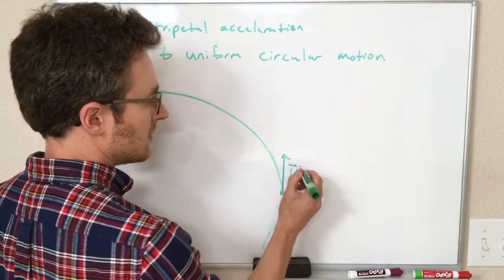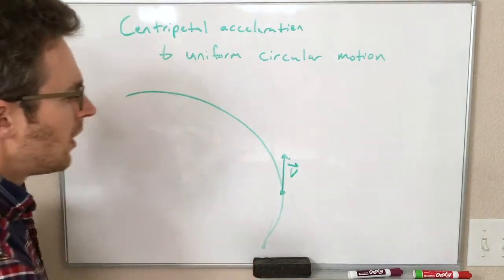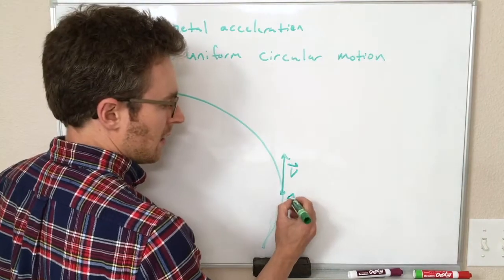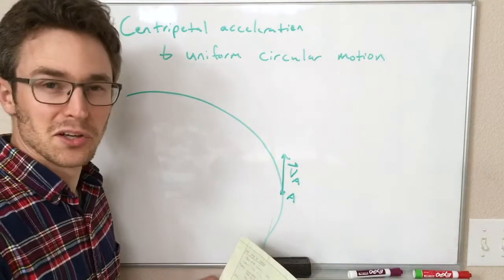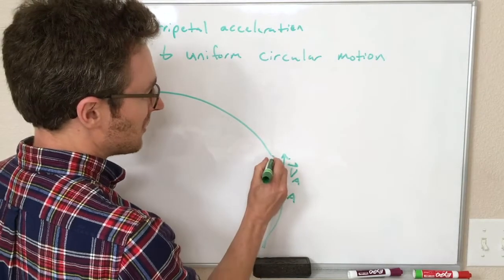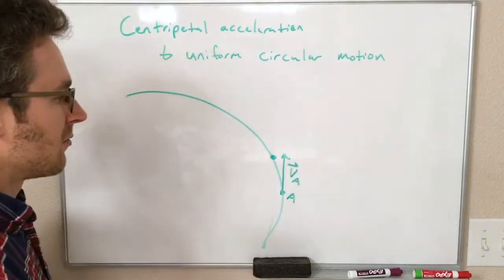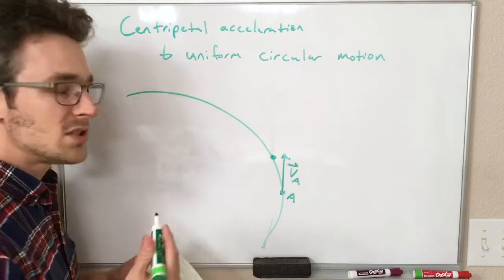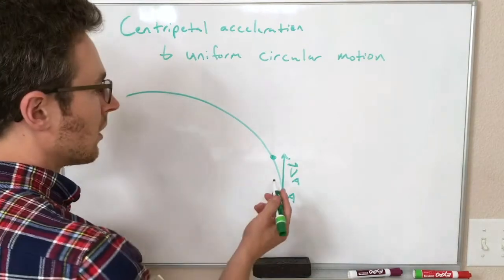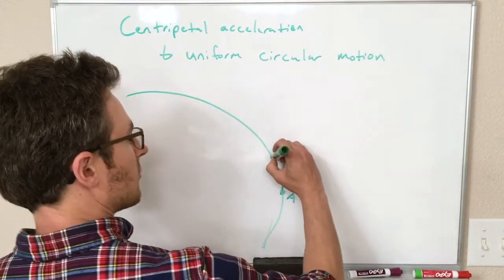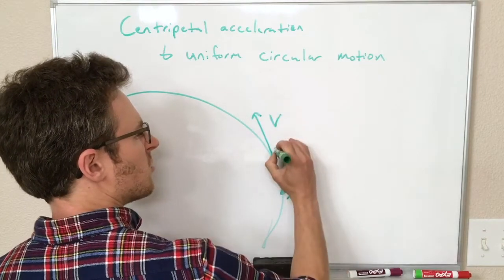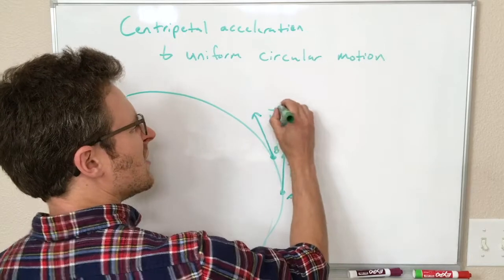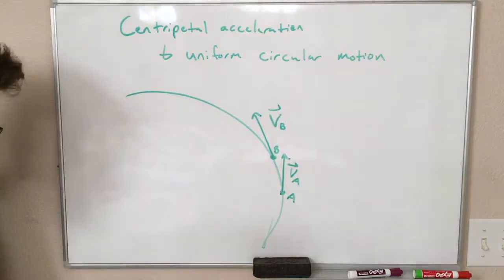This is our velocity vector. I'm going to call this point A, and this velocity A. At this point over here, we have a different vector because we're going in a different direction, right? Here, the vector that's tangent looks something like this. We'll call this point B, and this is our velocity B.